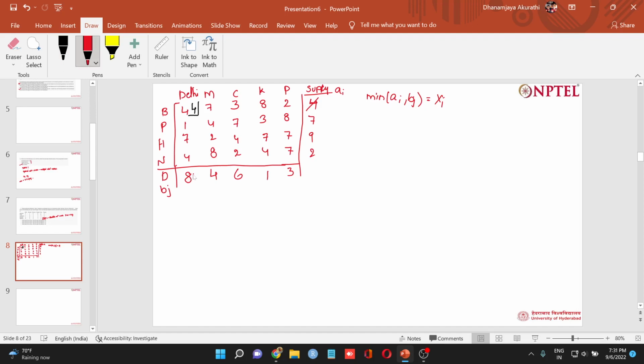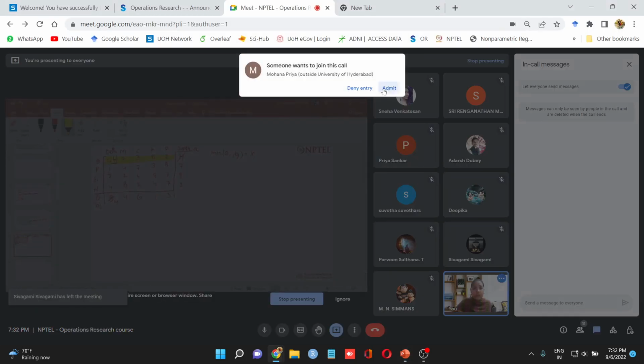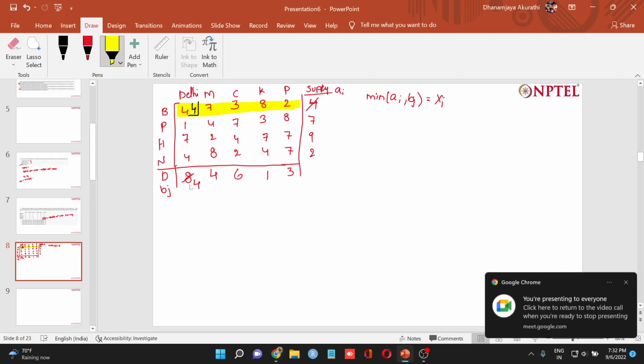Then subtract from the demand the corresponding supply, so here it is 8 minus 4, and you obtain 4. Next, eliminate the row corresponding to A, where you assigned the value. Just eliminate that row. If the minimum is from the column, then cross out the column.